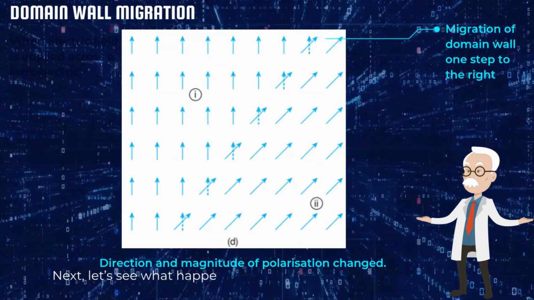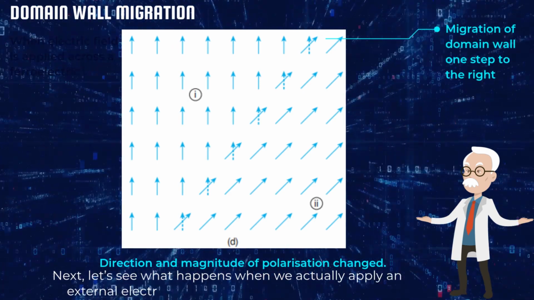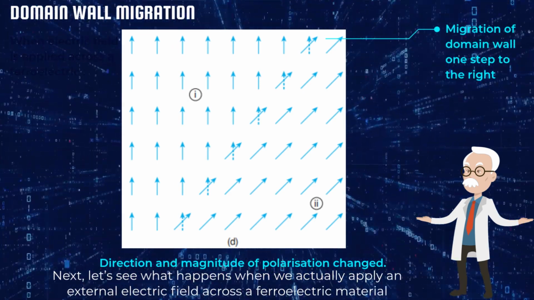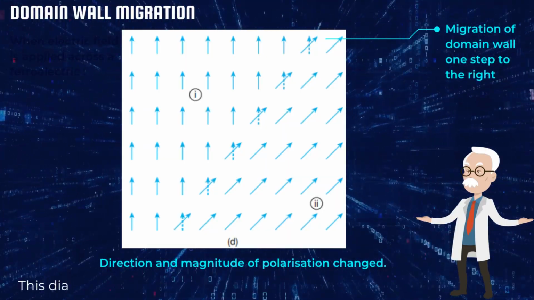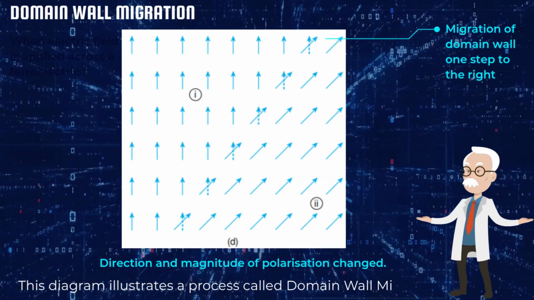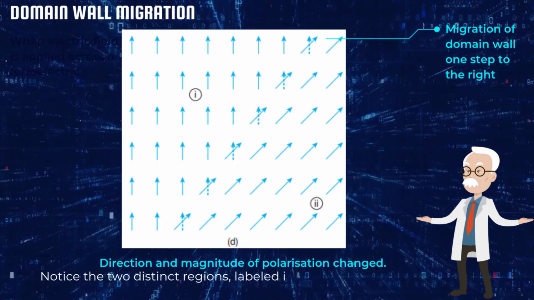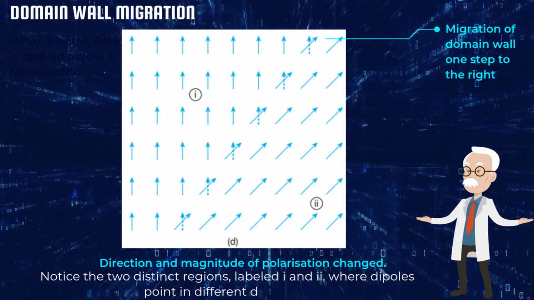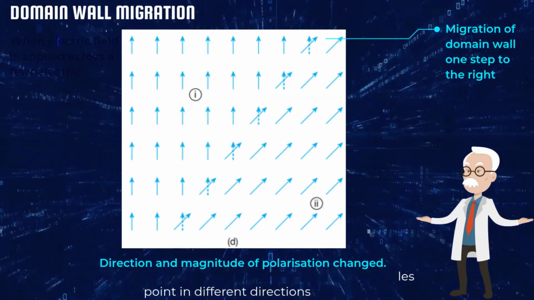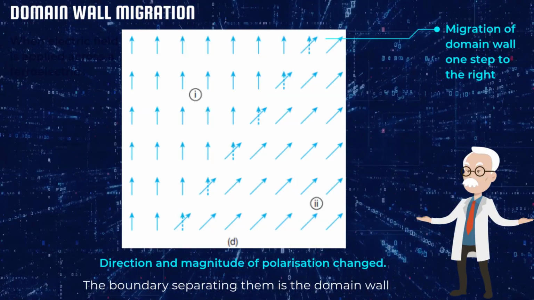Next, let's see what happens when we actually apply an external electric field across a ferroelectric material. This diagram illustrates a process called domain wall migration. Notice the two distinct regions, labeled I and E, where dipoles point in different directions. The boundary separating them is the domain wall.